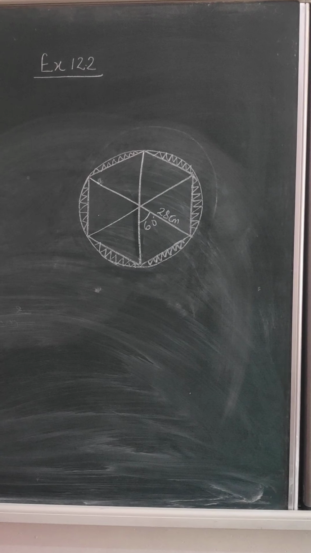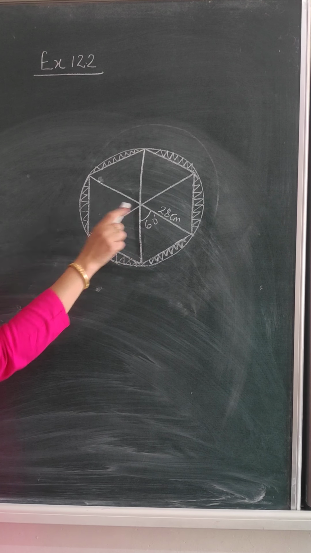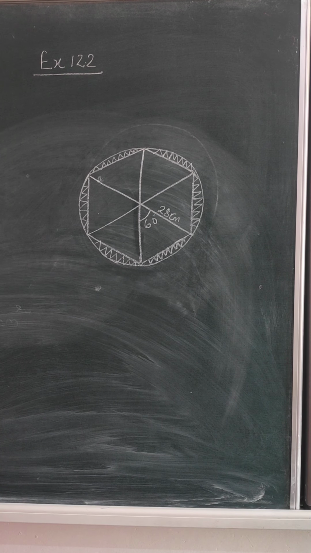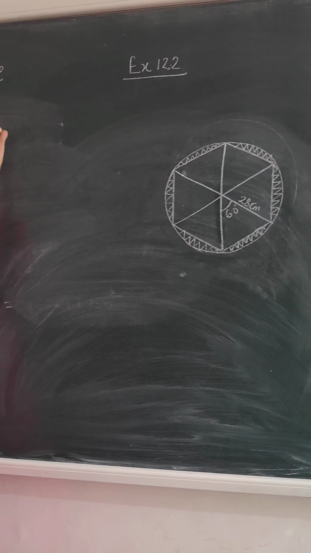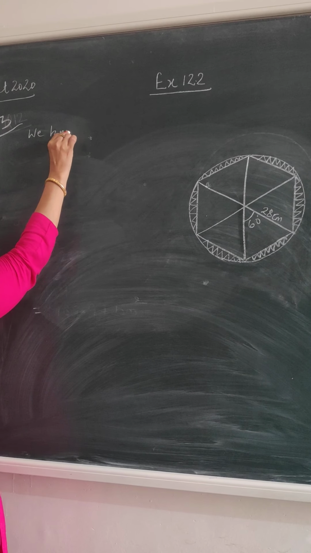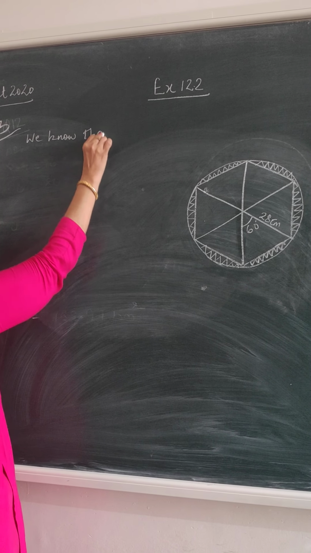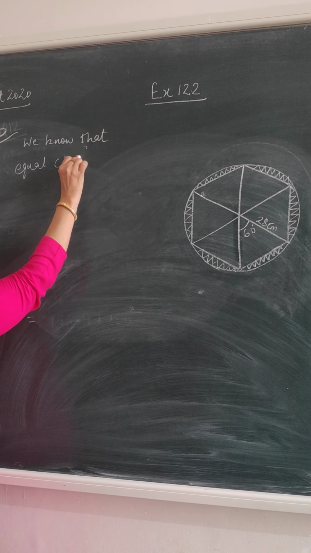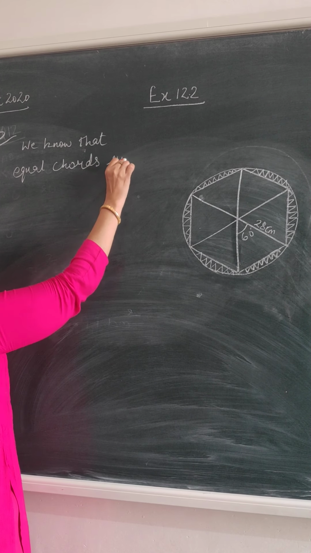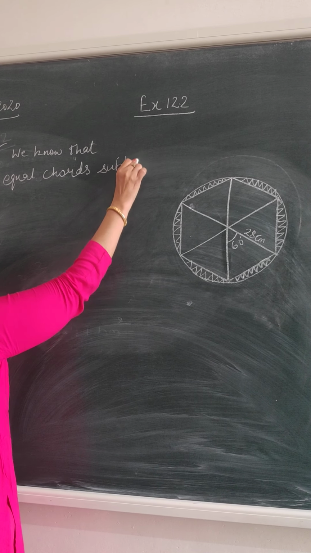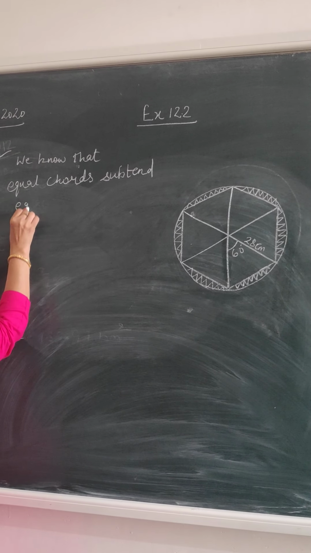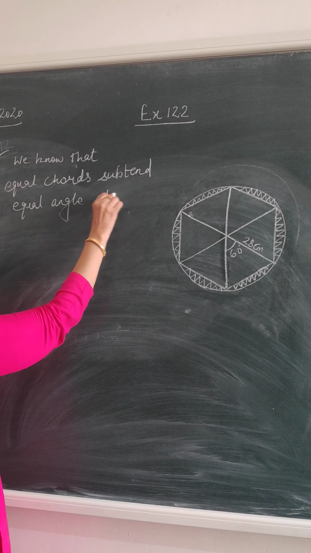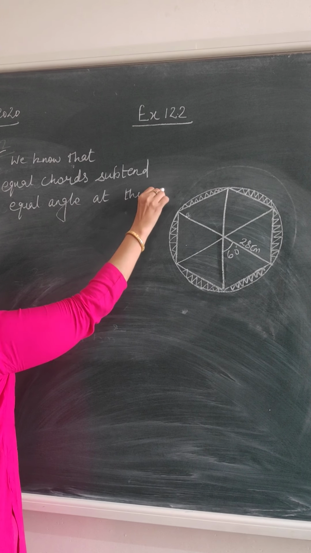Now you know that equal chords subtend equal angle at the center. Total 360 degree, so one angle is of 60 degree. So you can write that we know that equal chords subtend equal angle at the center.